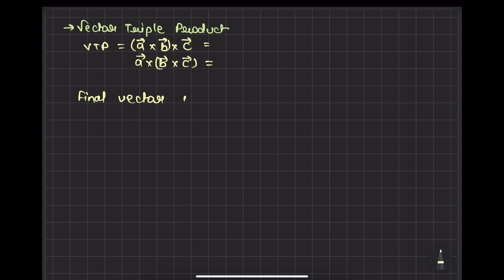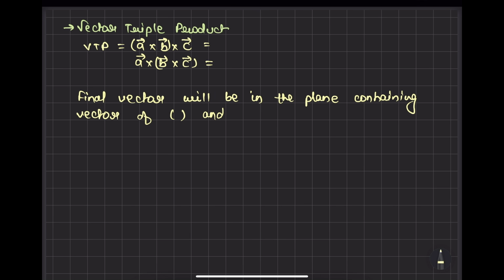The final vector will be in the plane containing the vectors of the bracket, and it will be perpendicular to the remaining vector.